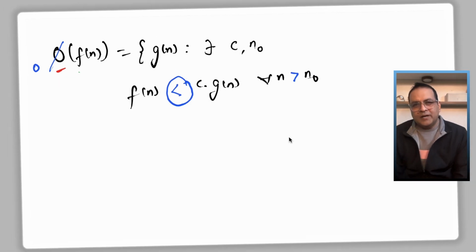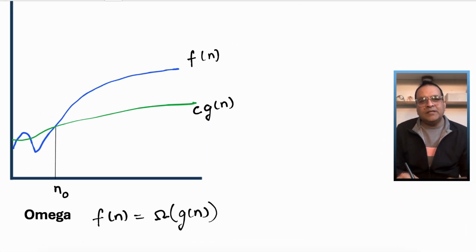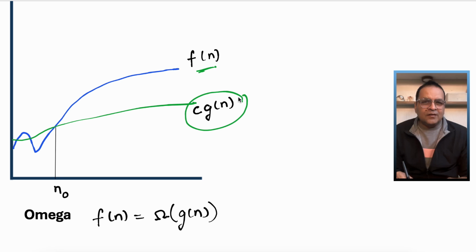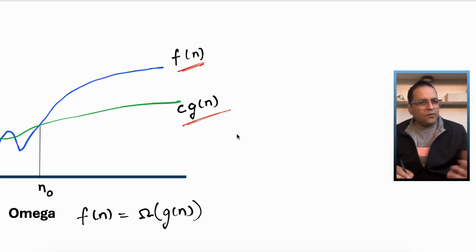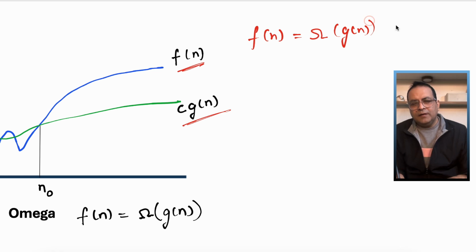Now let's move to omega. The way big O was providing an upper bound to a function, omega provides a lower bound to the function. So the function f(n) will never take time less than c g(n). If you want me to write the formal definition, then f(n) is omega of g(n) if there exist two constants c and n0.